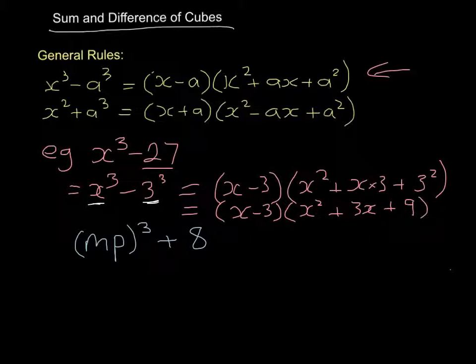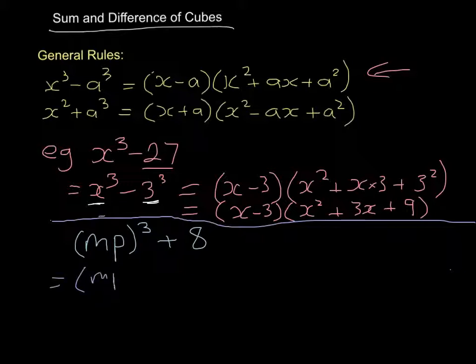And the next example that we have here, I'll just draw a little line through there so that we can differentiate what's going on. So this is (mp)^3 + 8, so we can rewrite this as (mp)^3 + 2^3. Now this is going to be using the sum of two cubes rule, which is the second one up there.